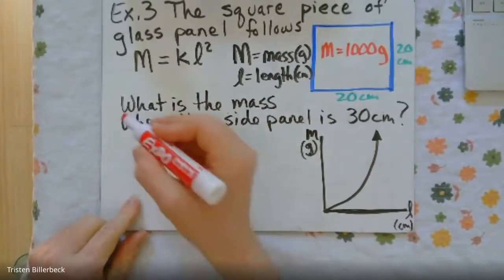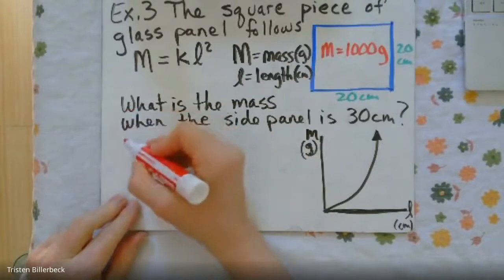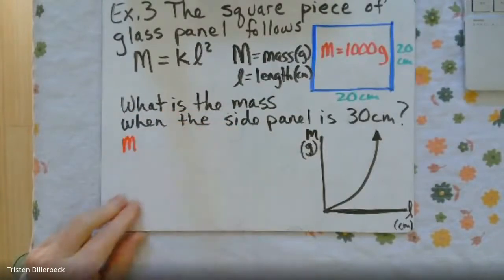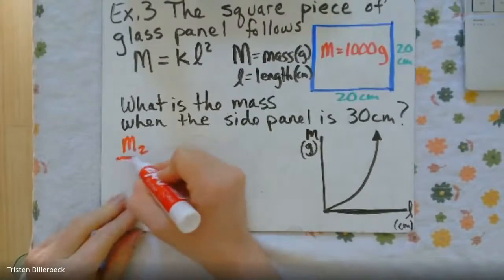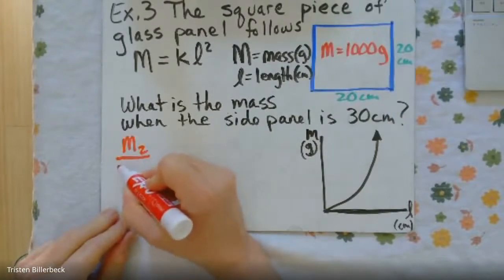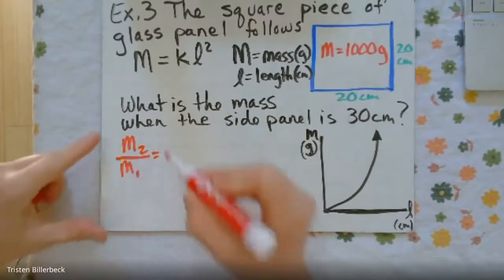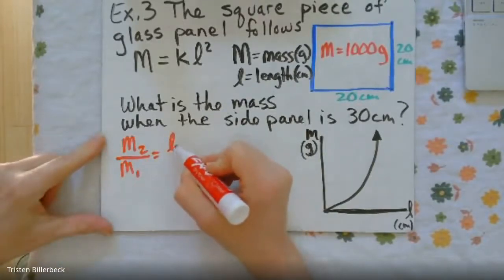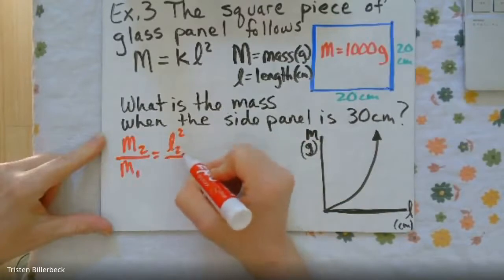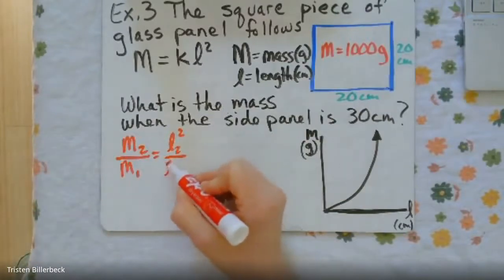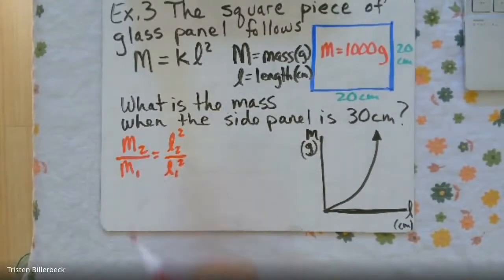So we're going to put this as mass 2 over mass 1 equals, and then we have L2 squared over L1 squared. So we can't forget our squares. That's a big deal.